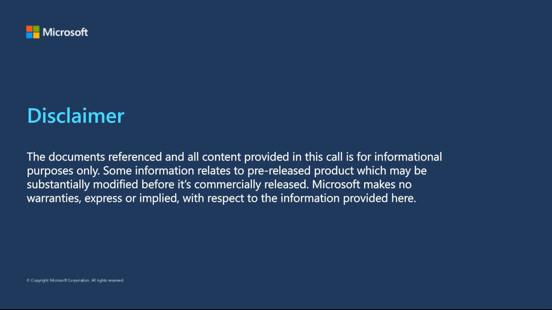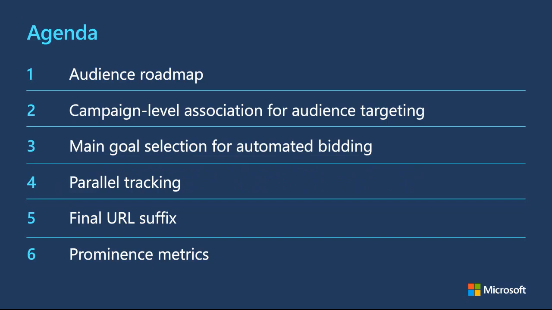With that, let's look at our agenda. Today, we'll provide an audience roadmap update. We'll discuss campaign-level association for audience targeting, main goal selection for automated bidding, parallel tracking, final URL suffix, and we'll discuss recently released prominence metrics.